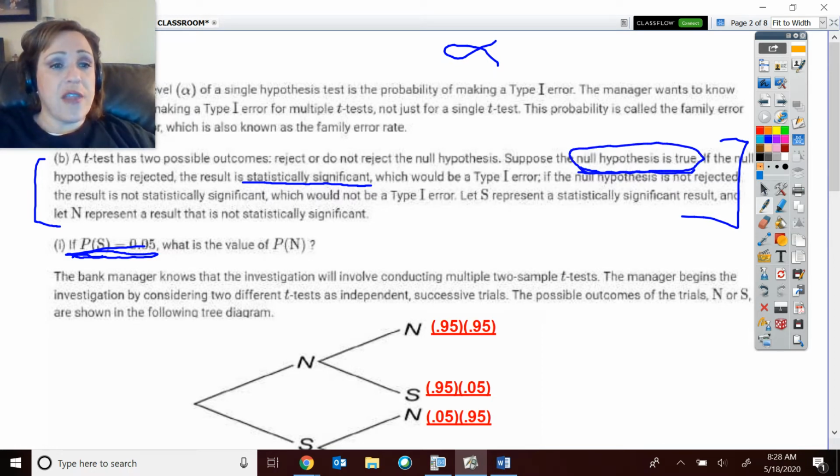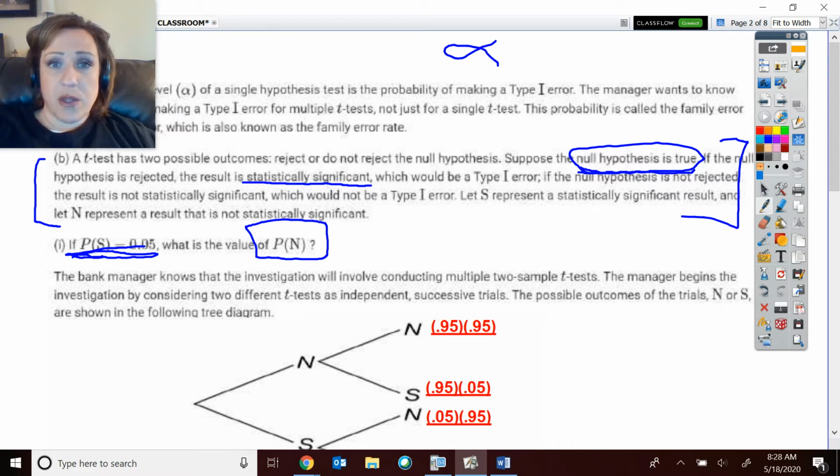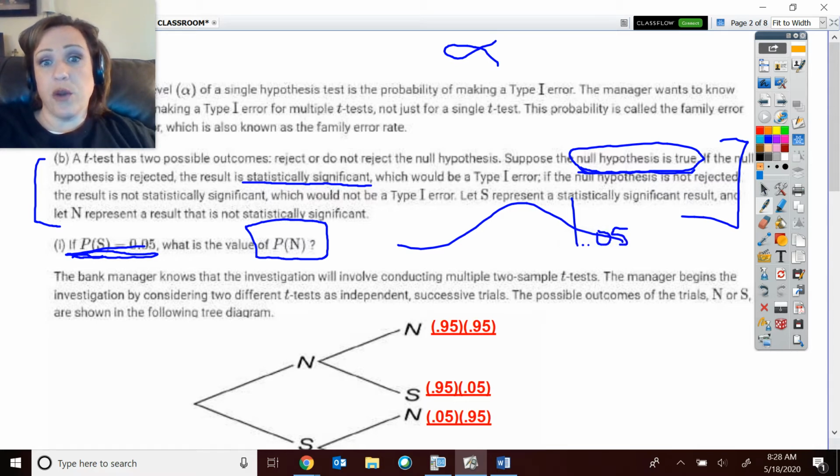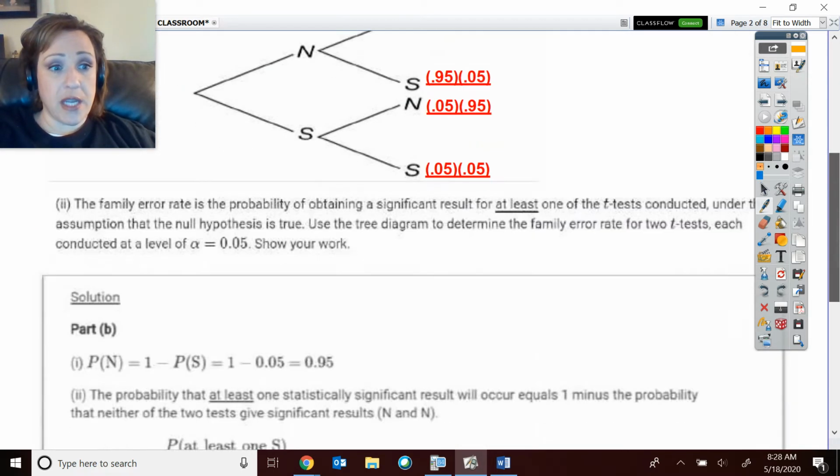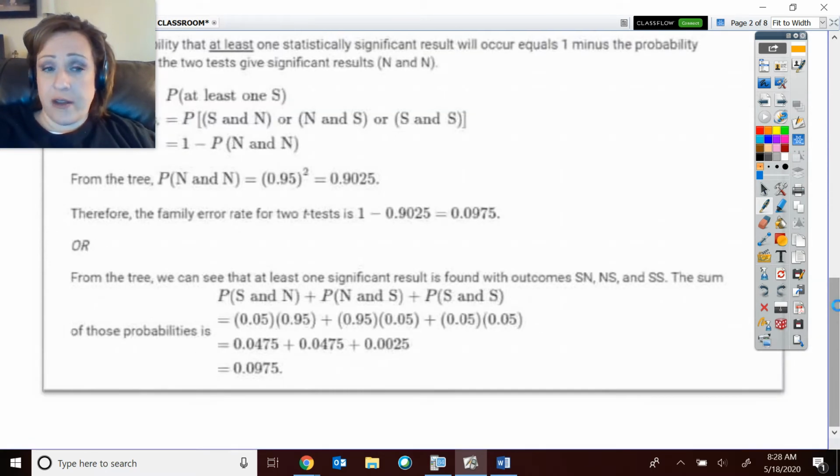Okay, so they say the probability of getting a statistically significant result in doing a type 1 error is 0.05. What's the probability of not causing a type 1 error? Well, that would just be the rest of it. So, if this top 5% is the rejection region that would lead you to an error, then this bottom 95% is the part that would not lead you to the incorrect conclusion. So that's your answer. That's how you get credit for Part A.